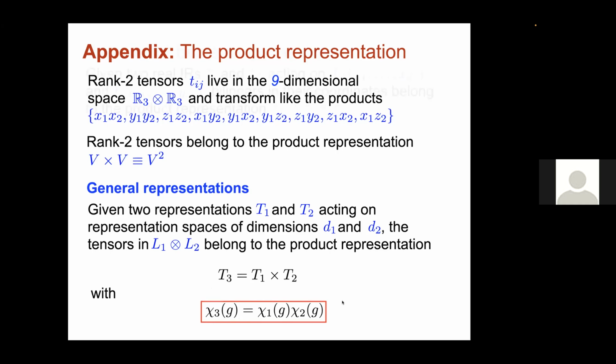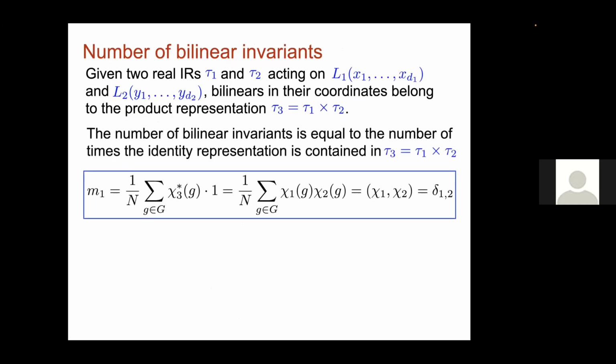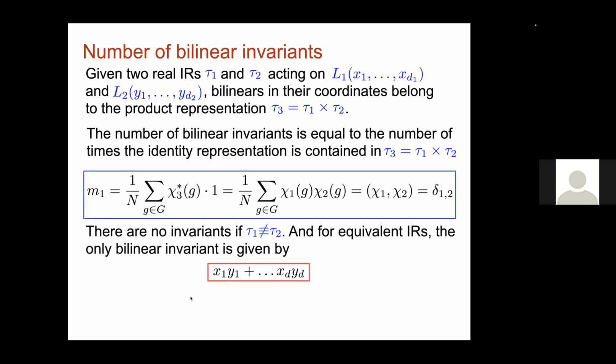You can look at this at home. This is just a proof that if you have 2 irreducible representations and you take the tensor product of the 2, the only invariant is the scalar product if the 2 representations are equivalent, and there are no invariants otherwise. So please look at this at home if you don't understand something. First thing, next lecture, I'll go through this.